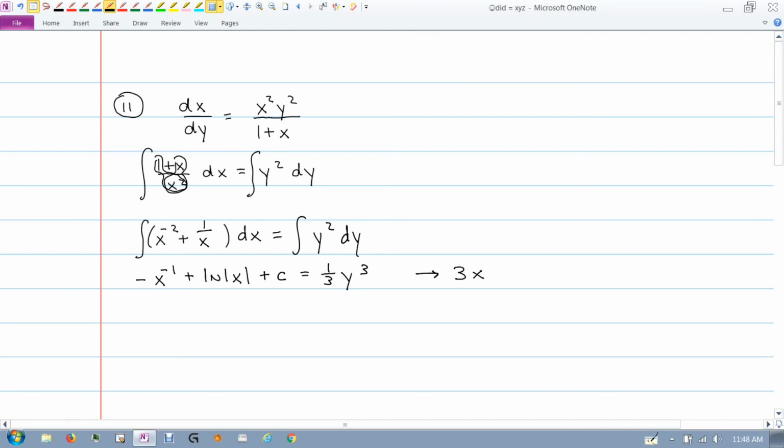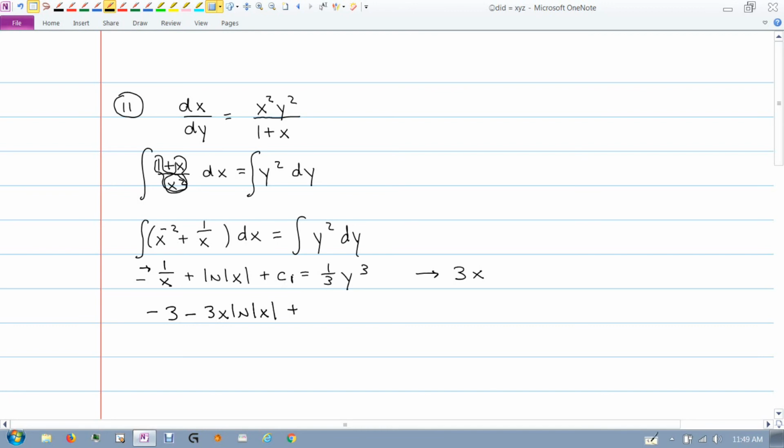Okay? And they do that because this first term here, I'm going to erase it. That's really 1 over x. So it's like they're almost clearing the fractions by multiplying by a common denominator. So if you multiply this by 3x, you should get -3, and then minus 3x natural log x plus some constant still, because 3 times a constant is still a constant.